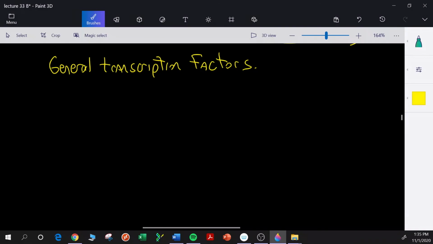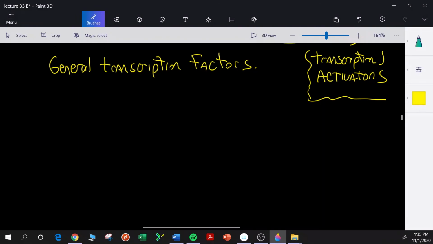So they are not what we're going to call transcriptional activators, which are the proteins that bind to enhancers and silencers to influence the rate of transcription.